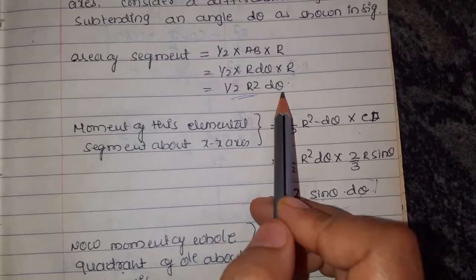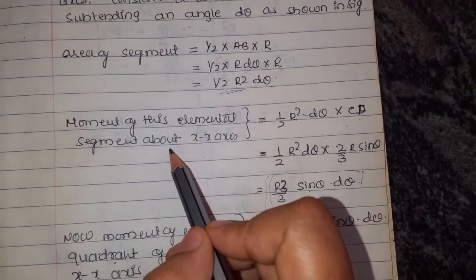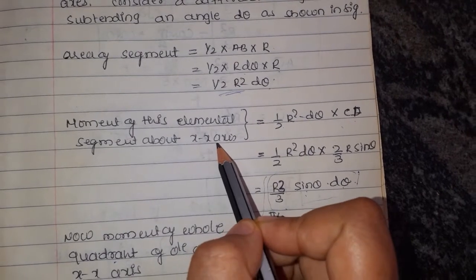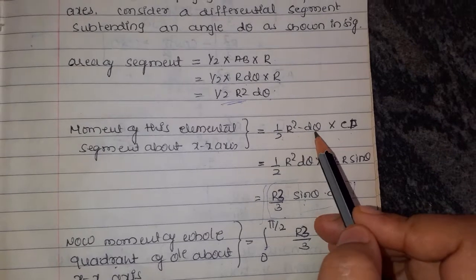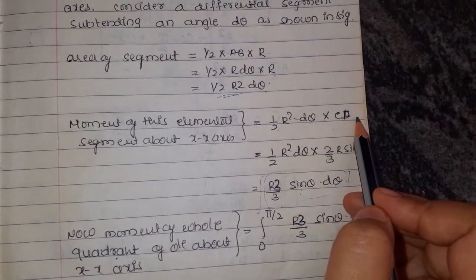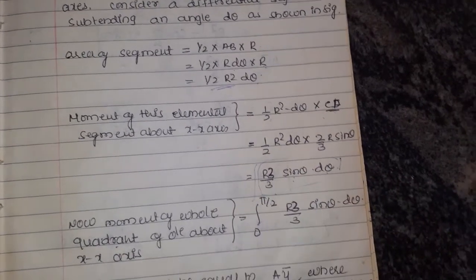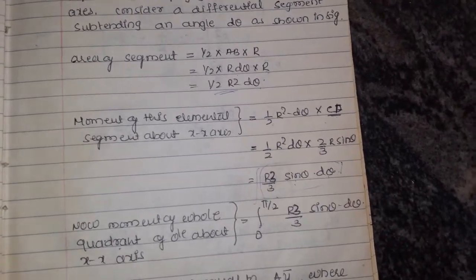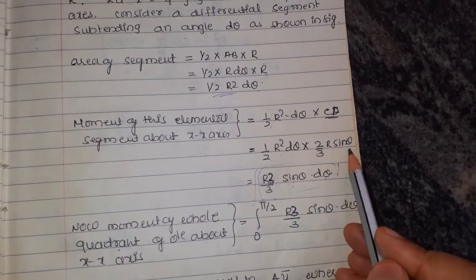Now the moment of this area of the segment about the x-axis is equal to half into r square into d theta into the perpendicular distance, which is again CD. This is the same as we considered for the semicircle: half into r square into d theta into 2/3 of r into sin theta.